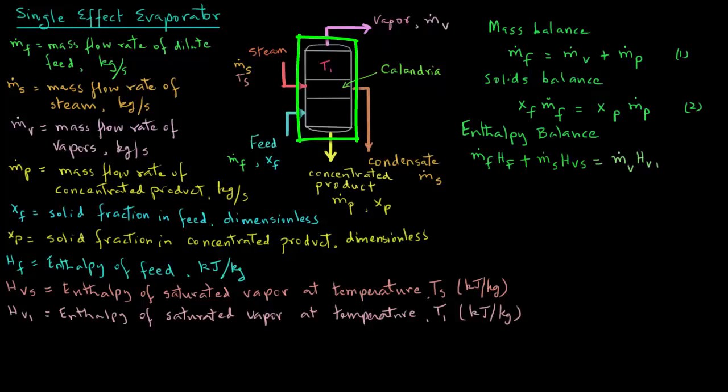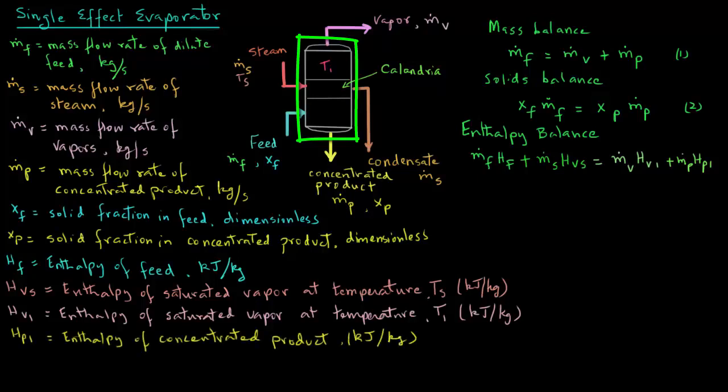The units for HV1 are kilojoules per kilogram. So in addition to the heat leaving with the vapors, we also have heat leaving with the concentrated product stream, and that will be denoted by m dot p times HP1, where HP1 is the enthalpy of the concentrated product stream in kilojoules per kilogram. We also have heat leaving this system with the condensate.